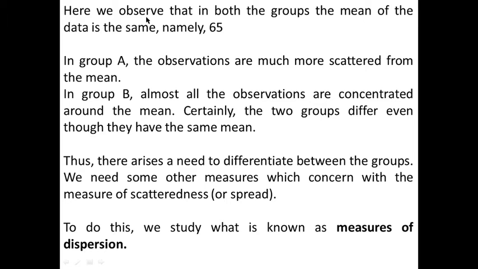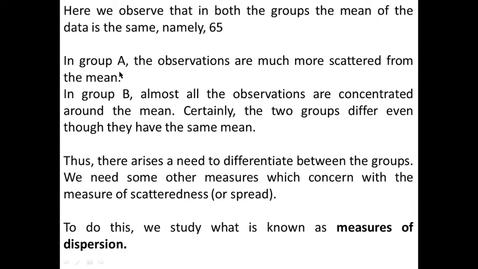Here we observe that in both the groups, that means Factory A and Factory B, the mean of the data is the same, that means 65. The mean of Factory A is 65 and the mean of Factory B is also 65.